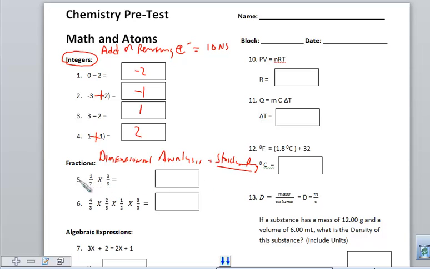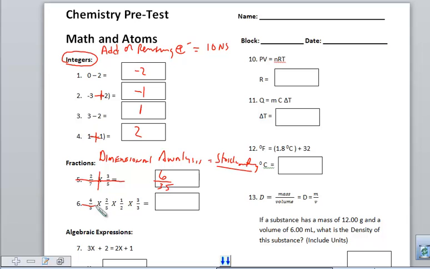What we're going to do is multiply. We're going to use a vertical line instead of the multiplication sign and just multiply the numerators across. So 2 multiplied by 3 gives you 6, and 7 multiplied by 5 gives you 35. That number cannot be reduced, so that's your answer.